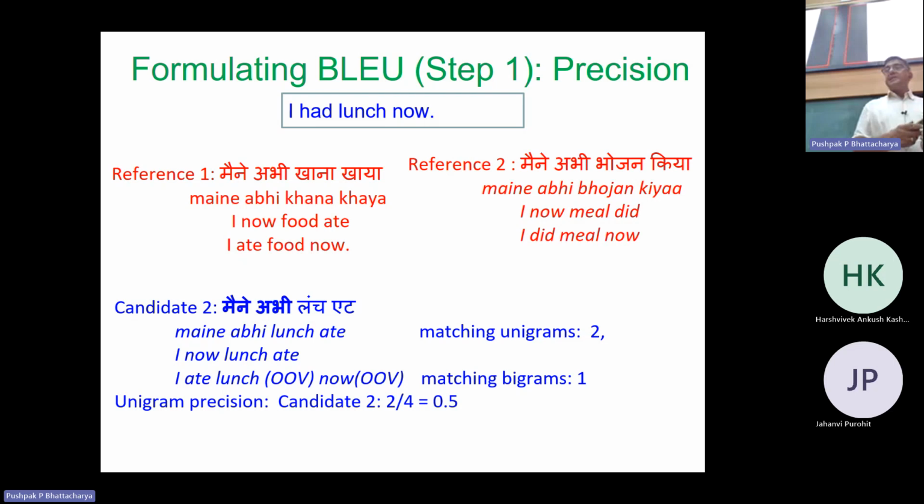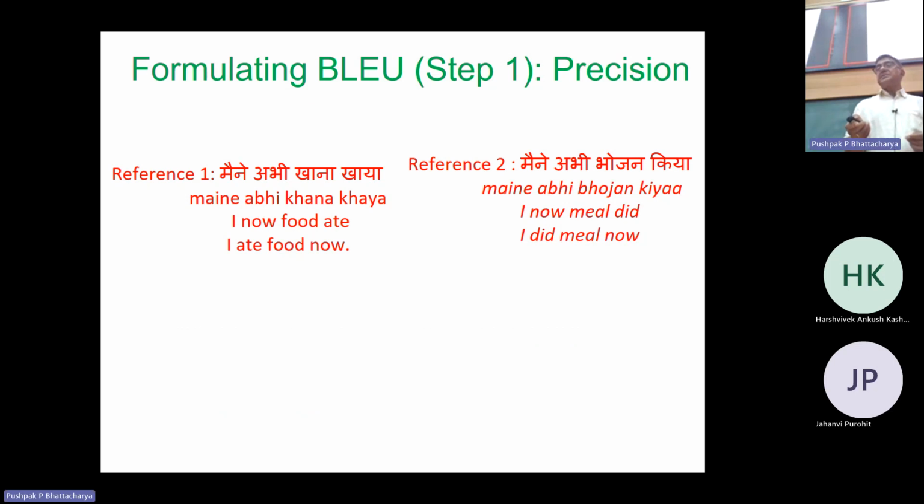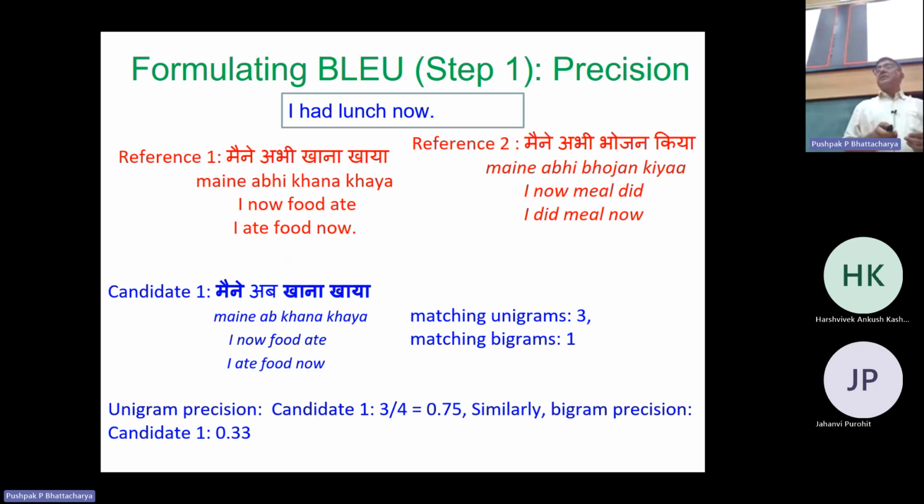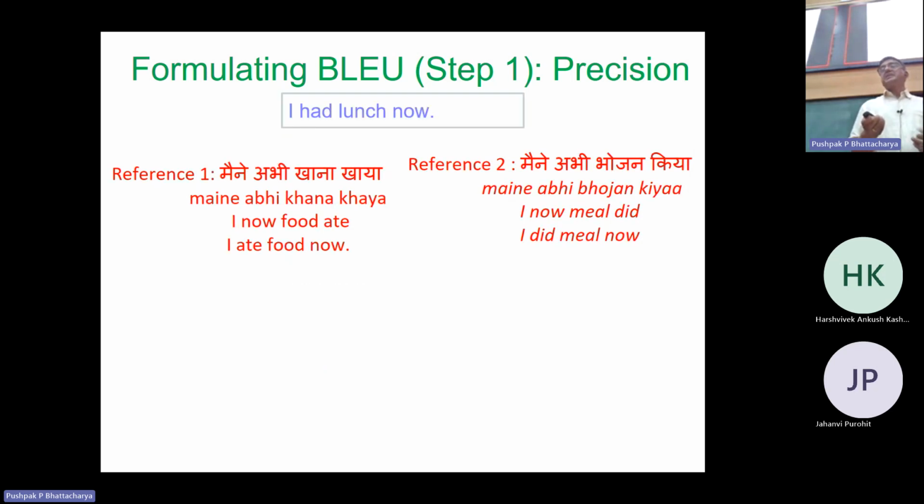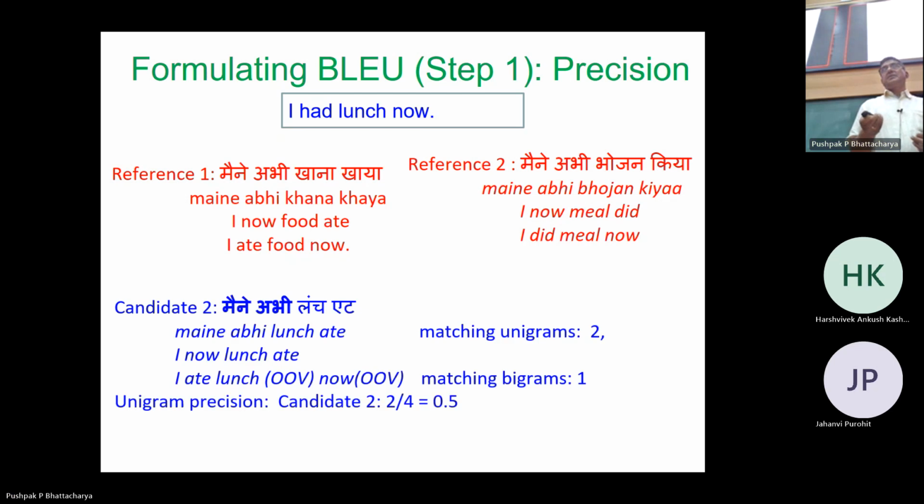So since the unigram precision is 0.5 and the unigram precision in the previous case was 0.75, we would like to say that the first translation is better than the second translation. So we are beginning to see the emergence of a metric which is closer to reality, where a better translation is getting a better score.